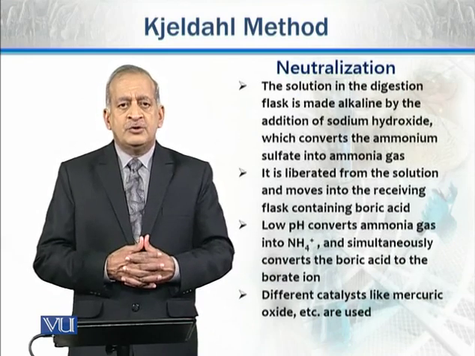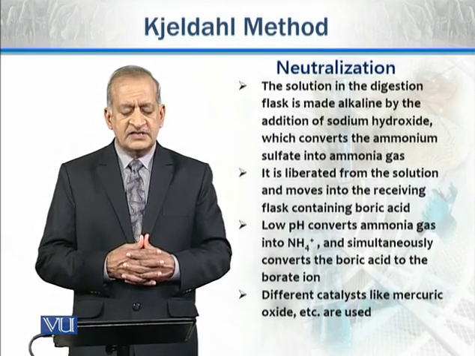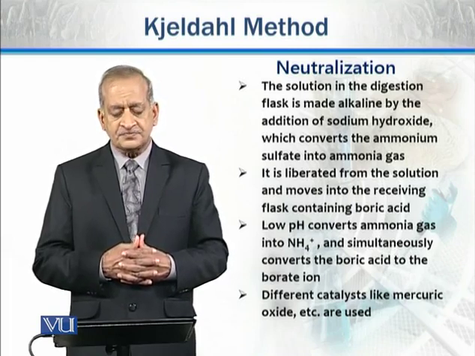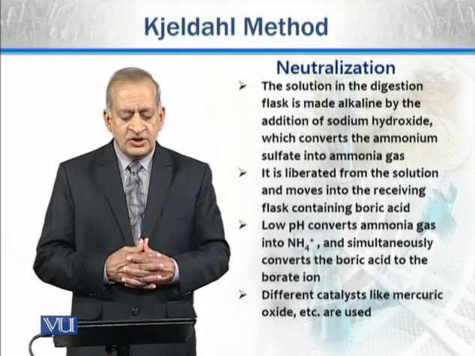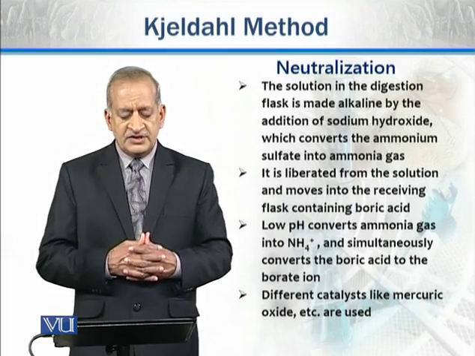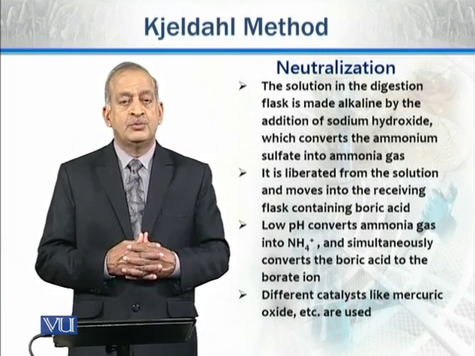The next step is neutralization. What is done here? The solution in the digestion flask is made alkaline by the addition of sodium hydroxide, which converts ammonium sulfate into ammonia gas. Then it is liberated from the solution and moves into the receiving flask, which contains boric acid.